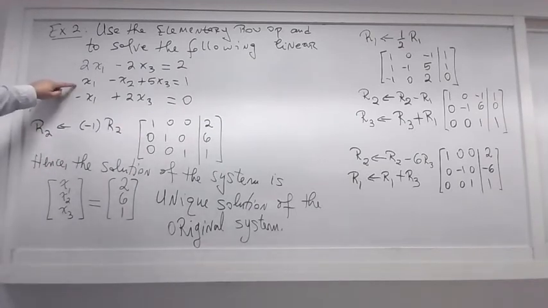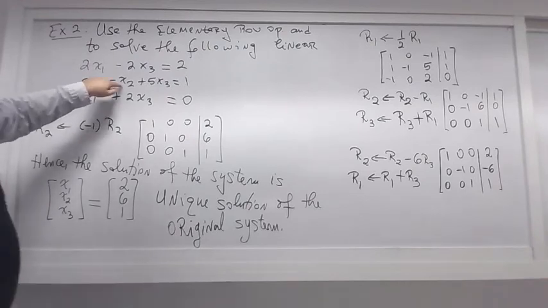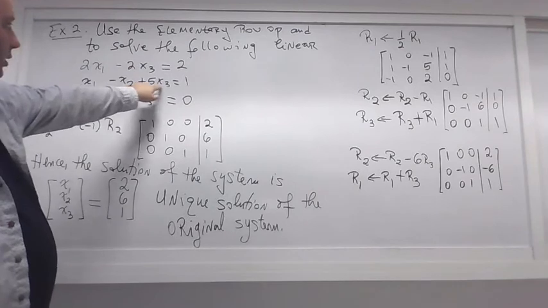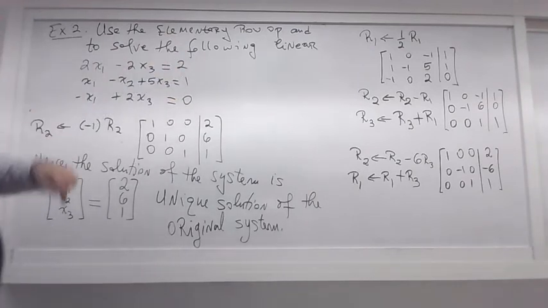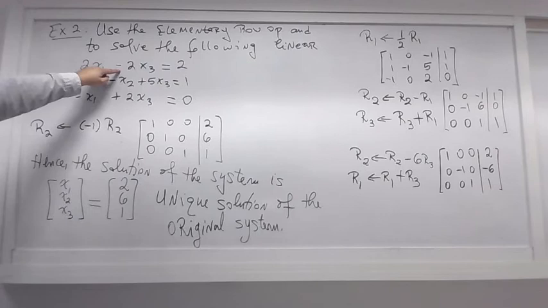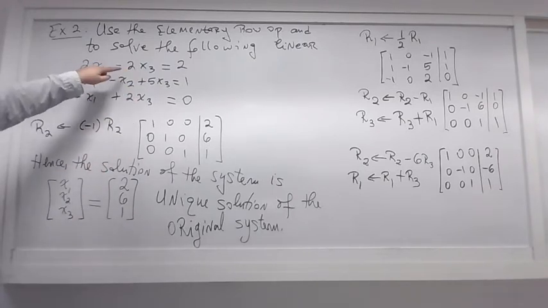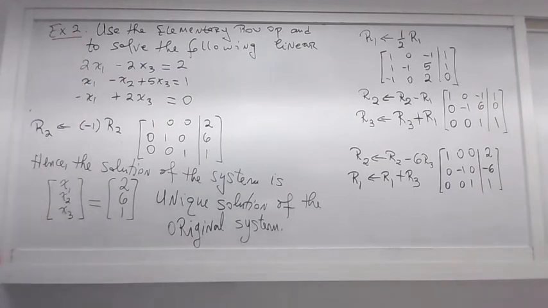Let's see this one. 2 minus 6 is minus 4 plus 5 is 1. Beautiful. Let's see this one. If this one doesn't work, we are dead. So I have 2 times 2, that's 4, minus 2, because x3 is 1. So 4 minus 2 is 2. Wow, yes. So this is the unique solution of this system.